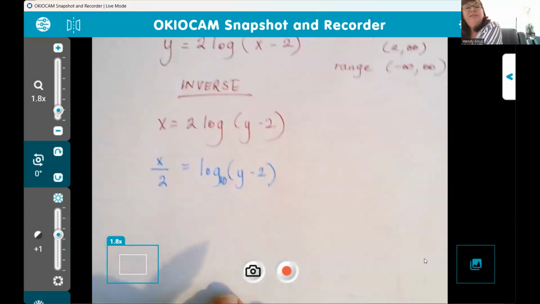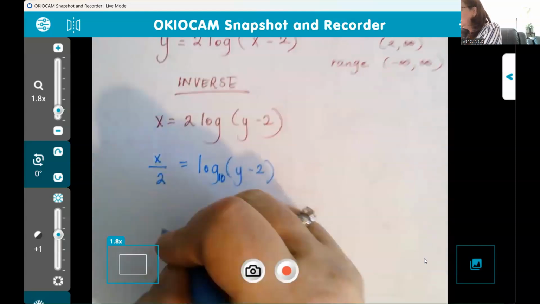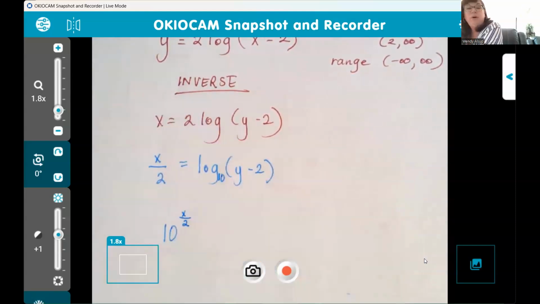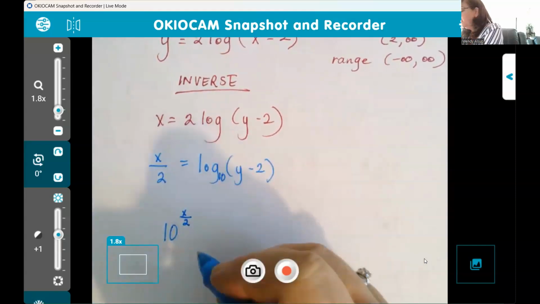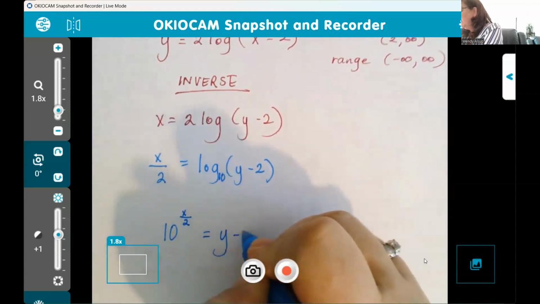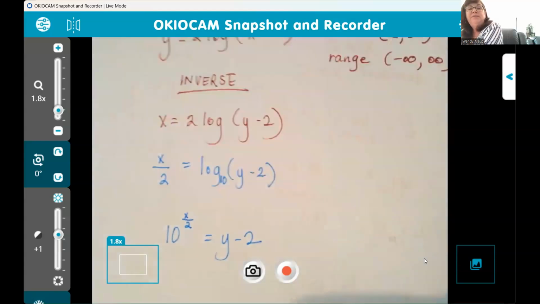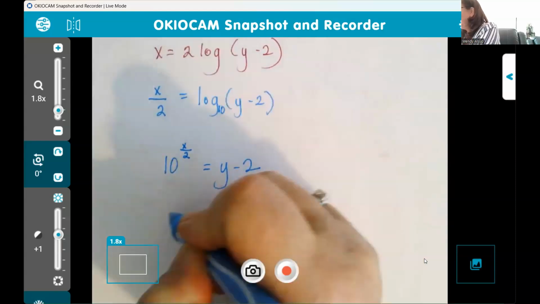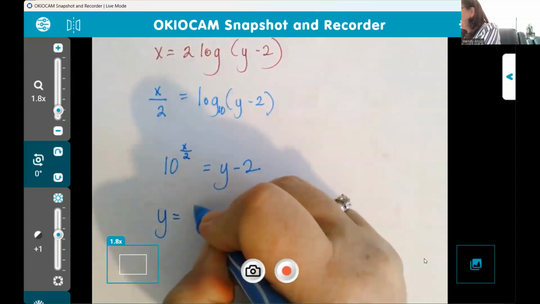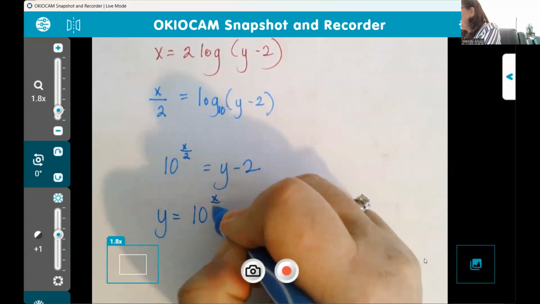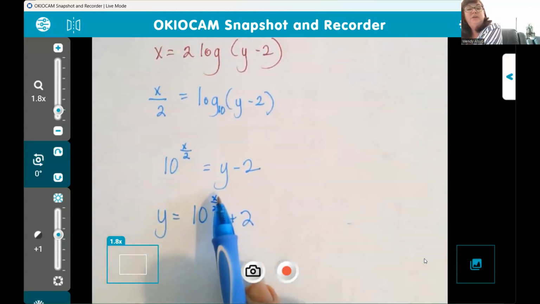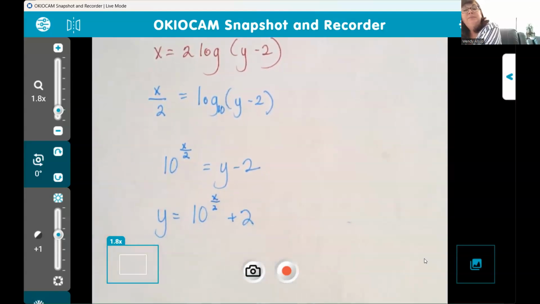So if I want to rewrite this in exponential form, I've got 10 to the x over 2 power, or 1/2 x power, equals y minus 2. And now to finish getting the inverse, I can just add 2 to both sides. This is y then equals 10 to the 1/2 x power plus 2.